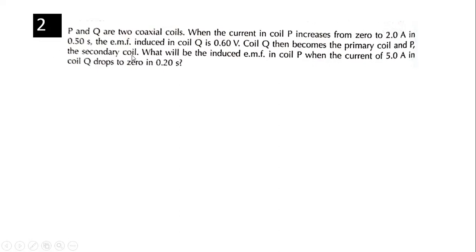Interchange that. What will be the induced EMF in P when the current of 5 ampere in coil Q drops to 0 in 0.2 seconds? How do I calculate all this? What formula to use?